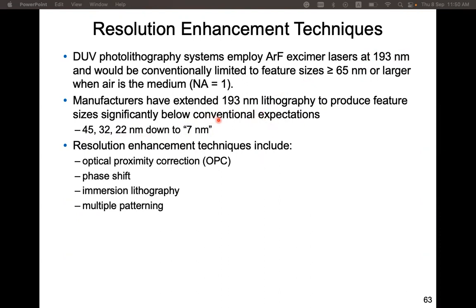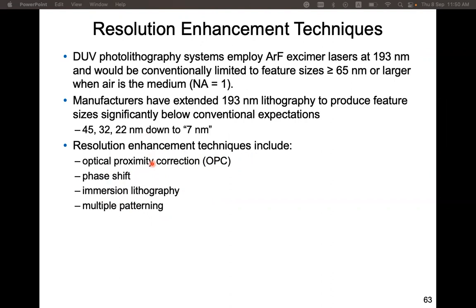This is made possible by the invention of a number of resolution enhancement techniques, including the following: optical proximity correction, phase shift, immersion lithography, multi-patterning technologies, or a combination of them can be used.